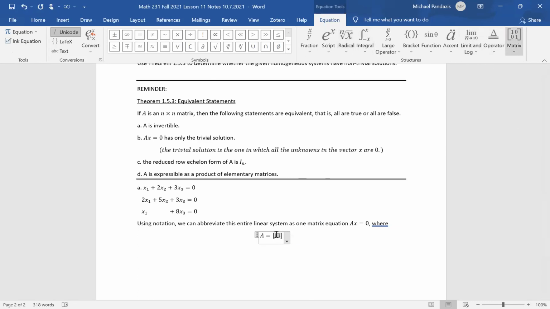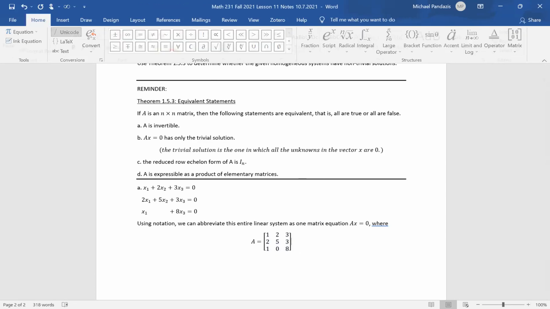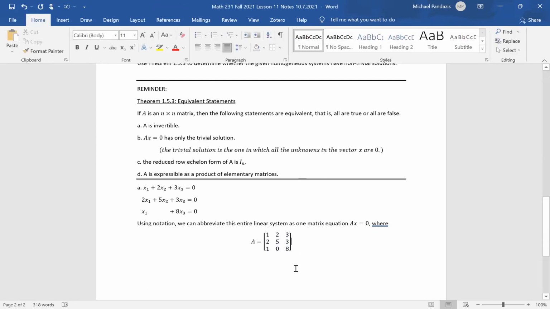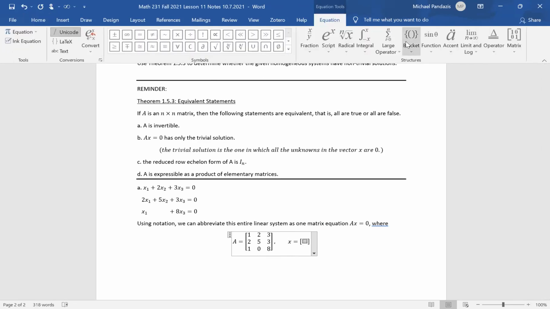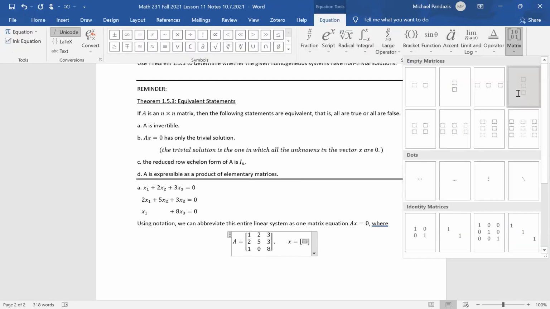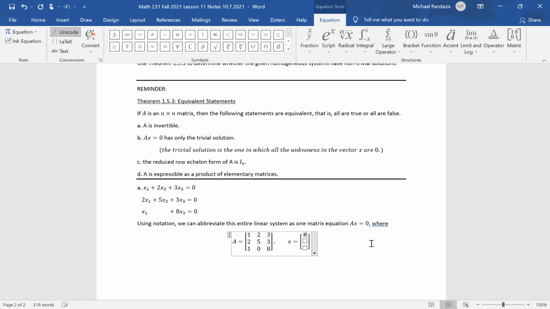The A here is the entries 1, 2, 3; 2, 5, 3; 1, 0, 8. And x is the vector of unknowns, x1, x2, and x3.